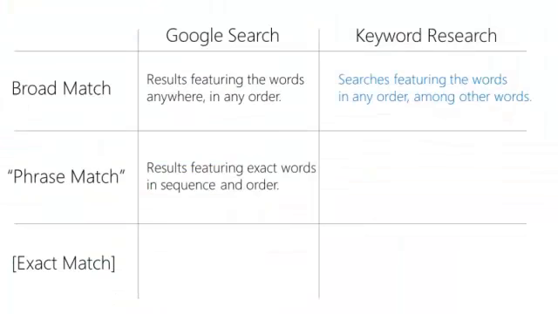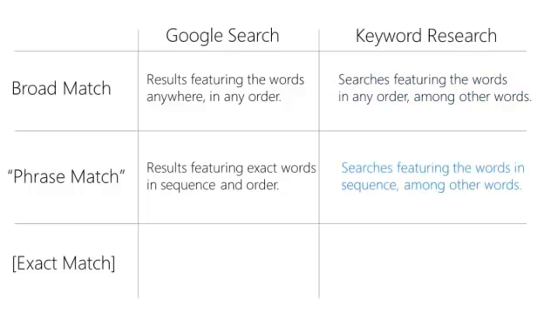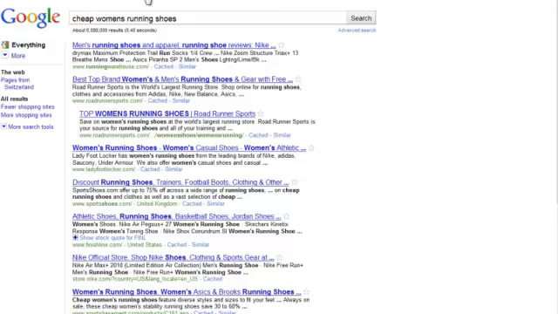For the search volume in phrase match, every search featuring the words in the exact sequence that you put them in counts. Okay? So in this case, cheap women's running shoes does not count because women's shoes is not in the order I typed them in.